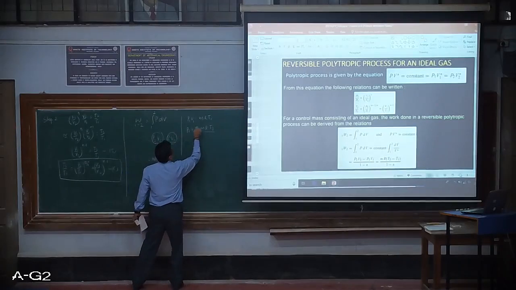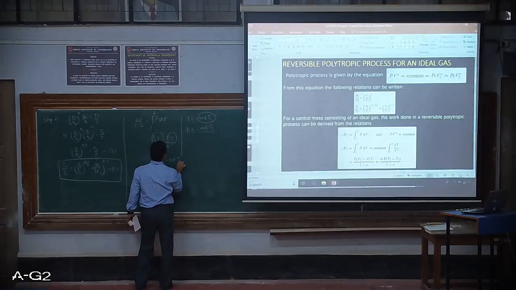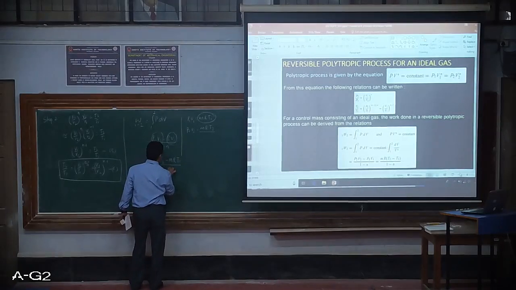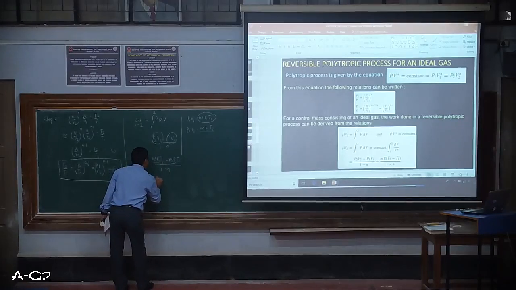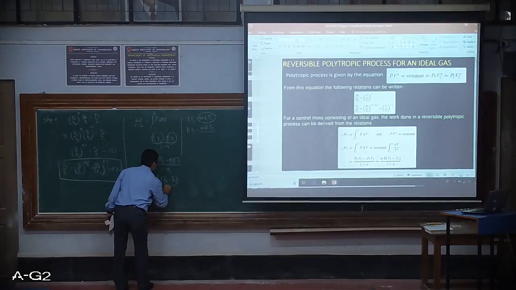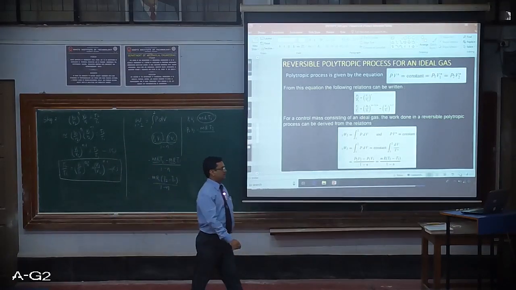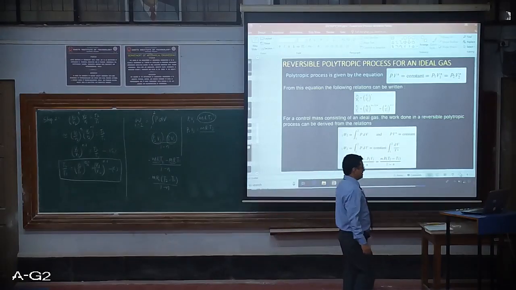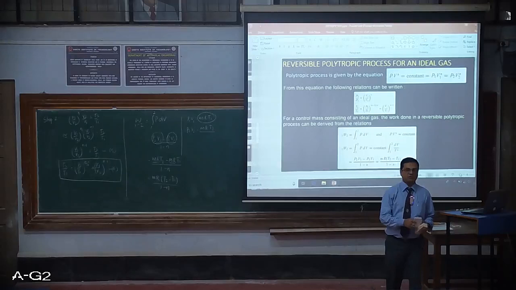Similarly P1 V1 equal to mR T1, divided by 1 minus n as it is. Now here mR is common, so it is mR into T2 minus T1 by 1 minus n, where n is the compression index. Okay, fine.